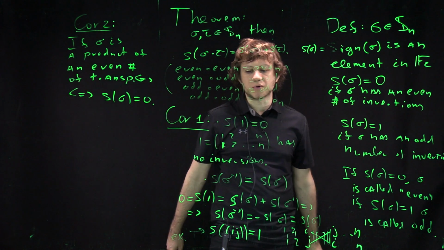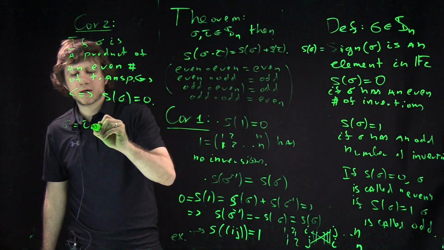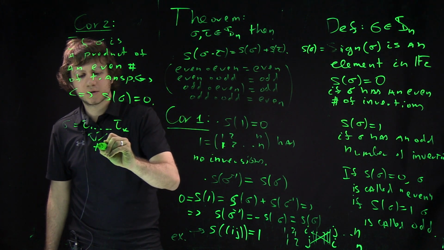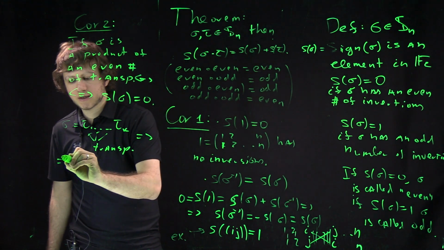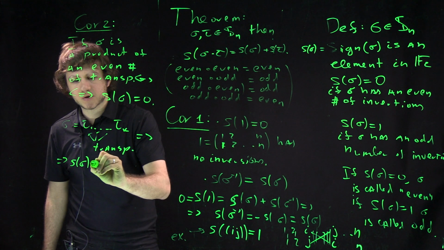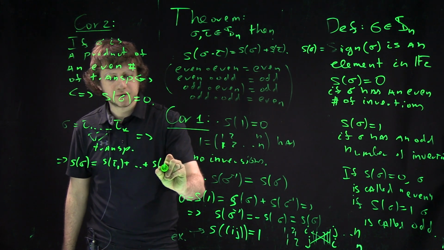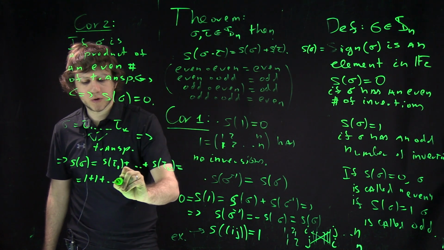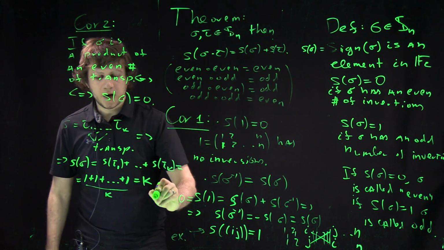And the proof is very simple, just because if you know that sigma equals tau 1 and so on tau k, where these guys are transpositions, then of course you just take the sign, and the sign of sigma equals sign of tau 1 plus and so on plus the sum of all signs of tau k, which is just 1 plus 1 plus 1 plus 1 plus 1 plus 1 plus 1, which is k.